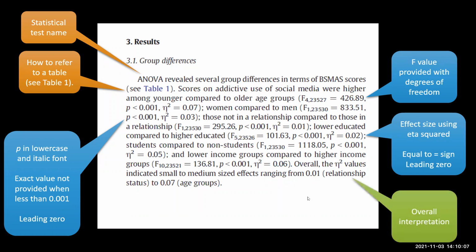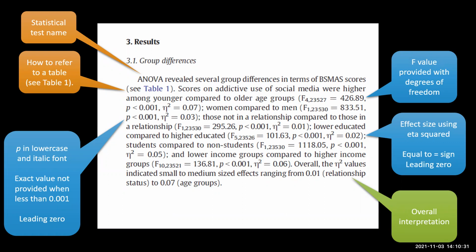And then to help the reader, they provide an overall interpretation. Generally, the interpretation is given in the discussion section, not in the results. But to give some interpretation of the numbers, some readers may not be able to interpret the effect size using eta squared. They may not be aware of what is a small effect, what is a large effect.